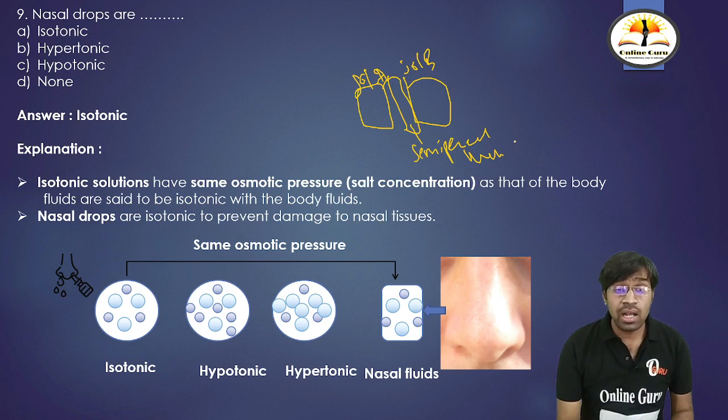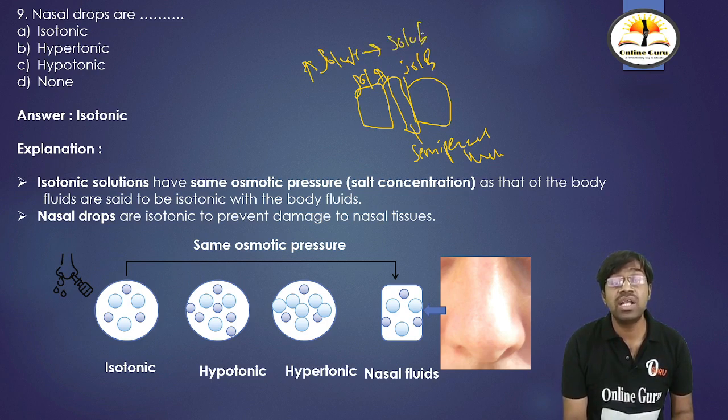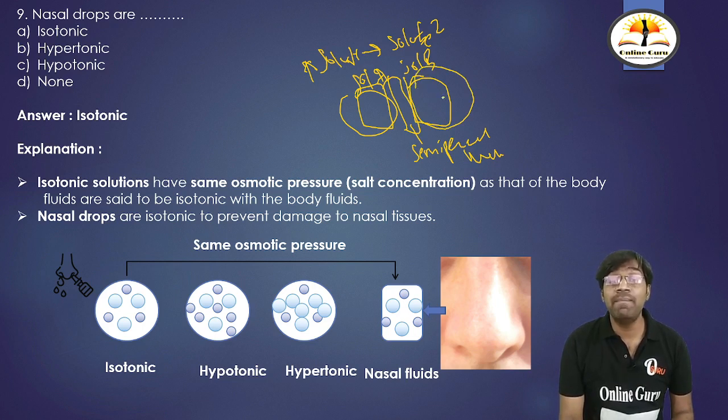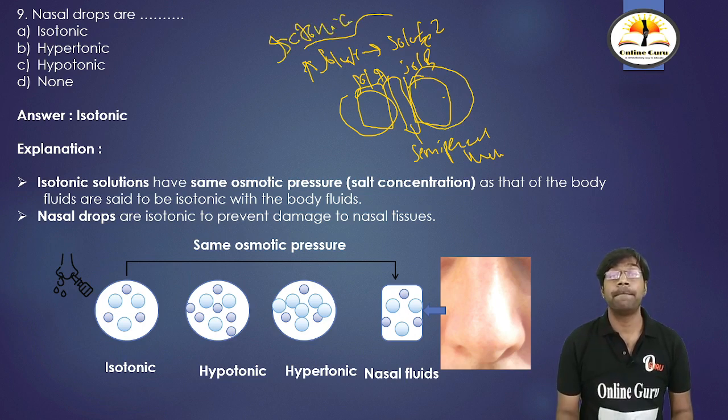When the concentration of solute in solution A is equal to the concentration of solute in solution B, then we can say both are isotonic with each other.